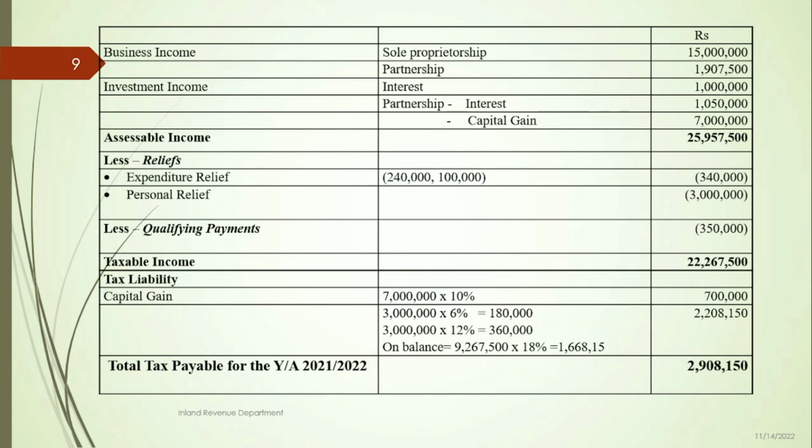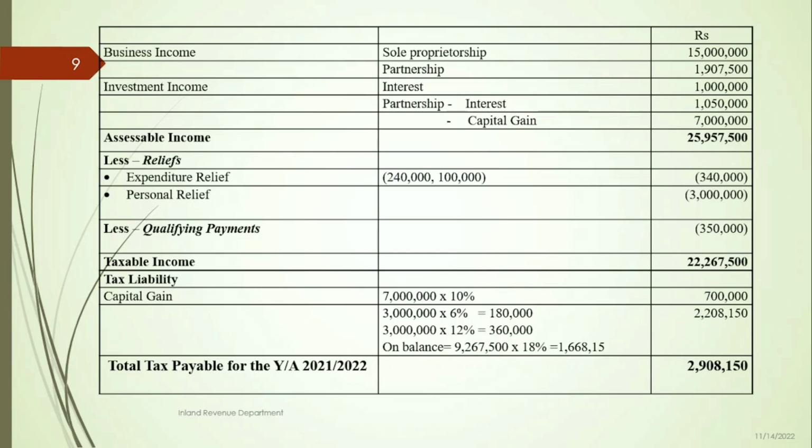This is the calculation of her business. Her business income from sole proprietorship is 15 million and from the partnership share 1,907,500.